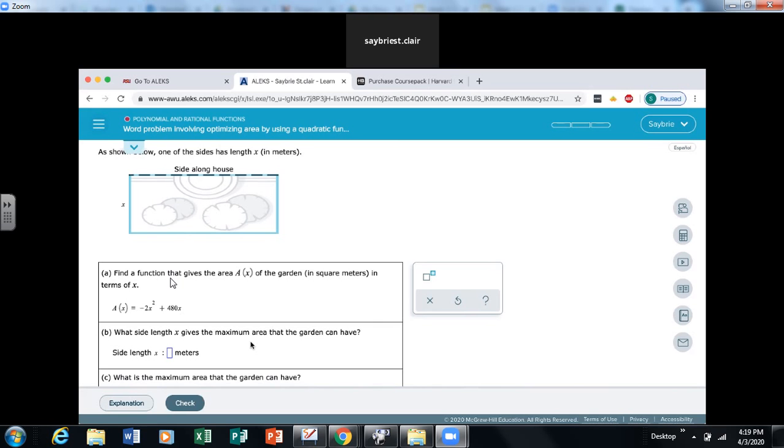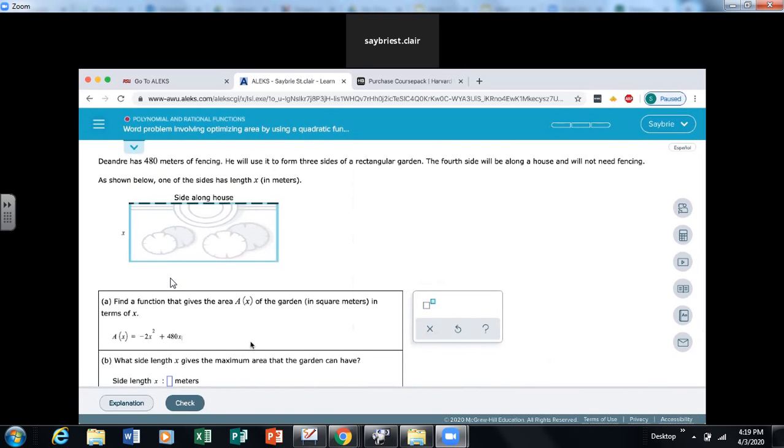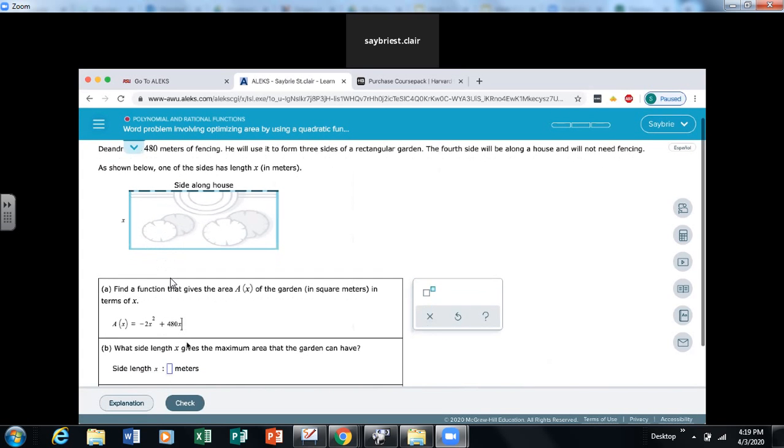Alright, so now we have to use the formula negative b over 2a. So for that function right there, do you know what b and a are? Can you recognize what numbers those are? Yep.